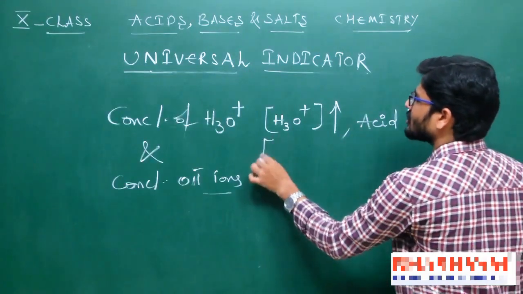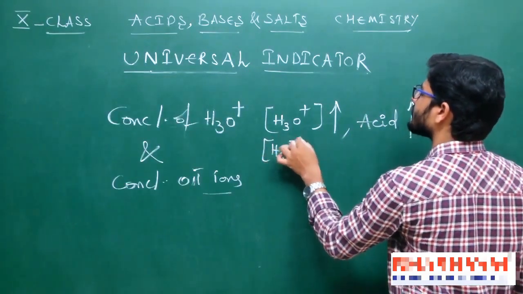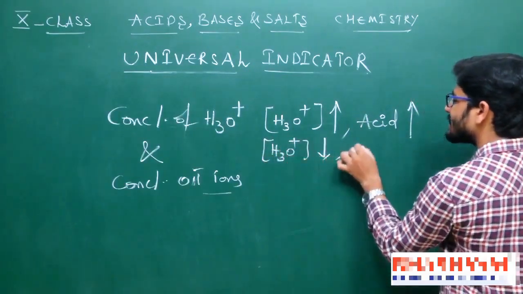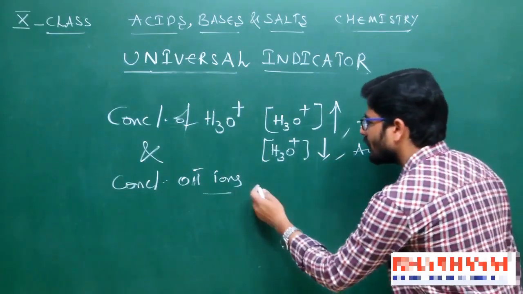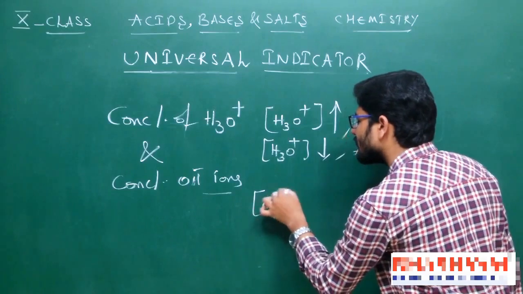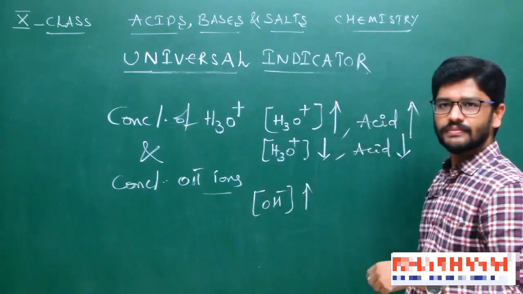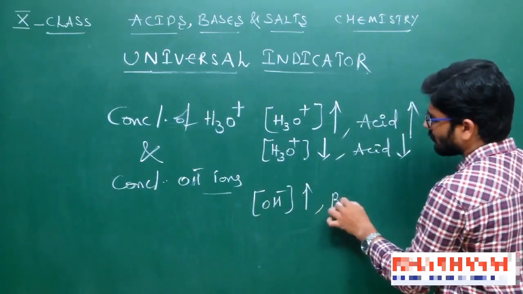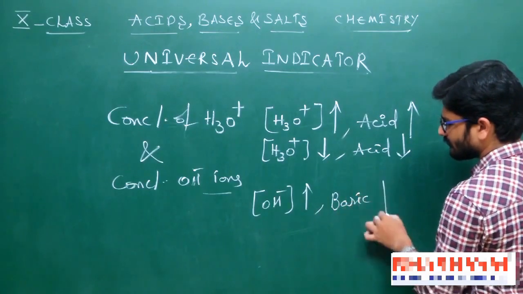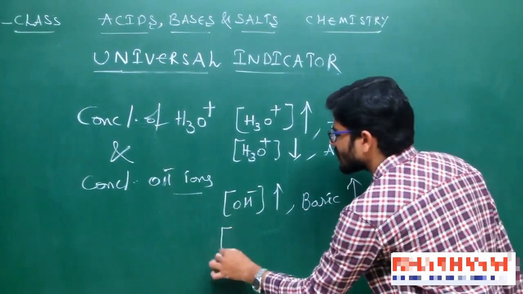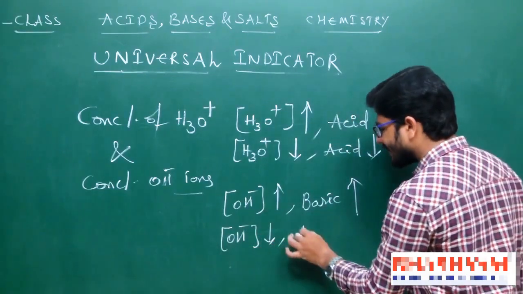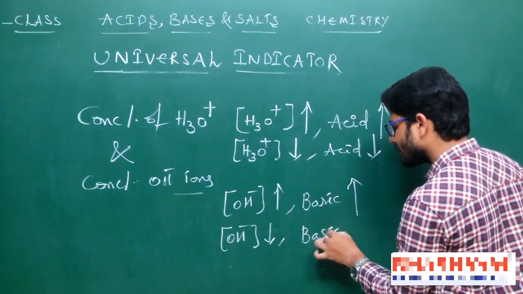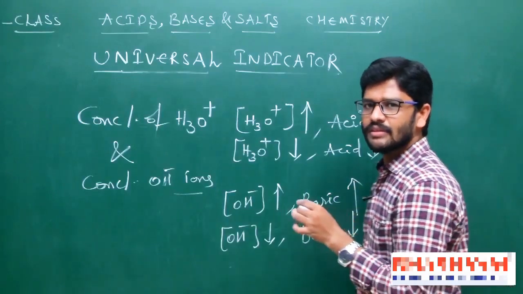If the concentration of H3O plus ions is less, acid character is less. Similarly, if the concentration of OH minus ions is more, basic character is more. If the concentration of OH minus ions is low, basic character is less. Yes or not? Yes.